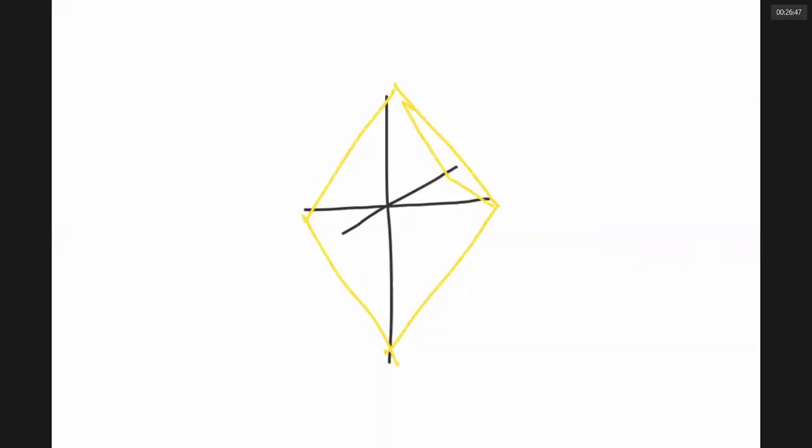This is the shape of the hybrid orbitals I have.